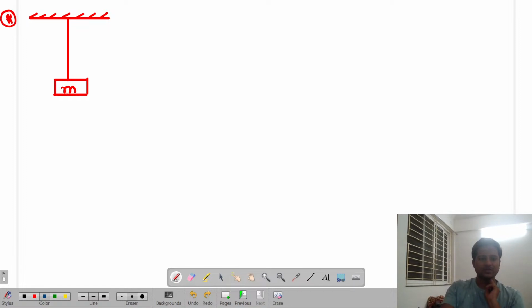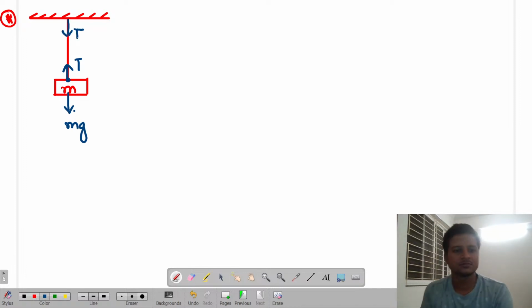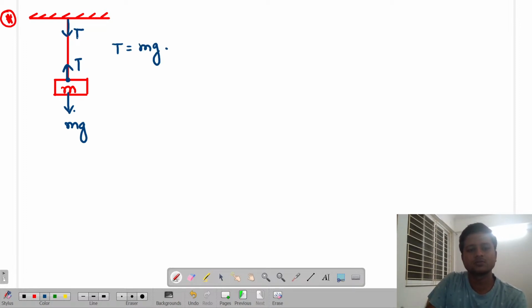Yes. What will happen? This mass M will try to pull this thread downwards by its weight mg, isn't it? So for this mg, this contact will apply an opposite reaction, which we call tension in the thread, and that will be balanced by the similar tension. Are you able to get me or not? So basically, the tension in this thread is equal to how much? Mg. Are you able to get me or not?